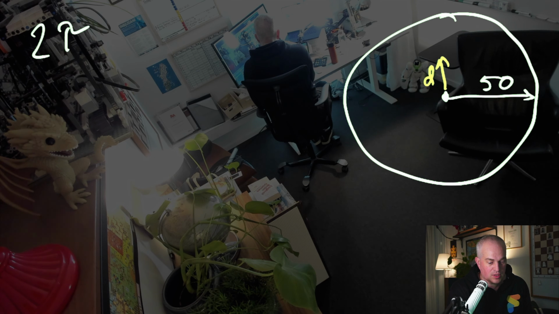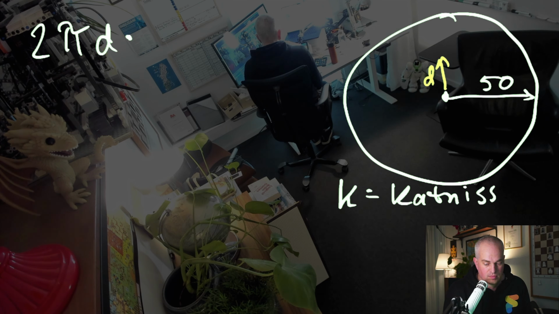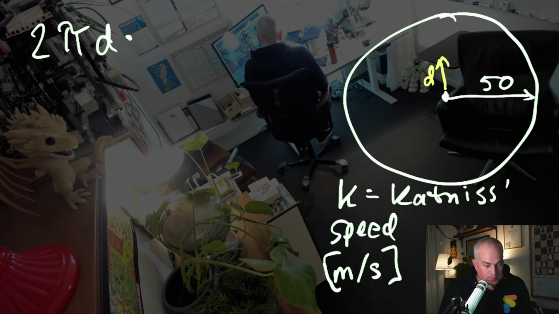Then we have that as 2 times pi times the radius, which is d. And then we're going to scale it with the speed of Katniss. So k is equal to Katniss speed, which is in meters per second, like so.